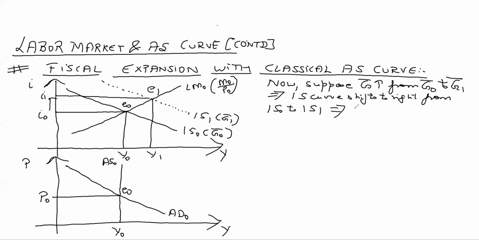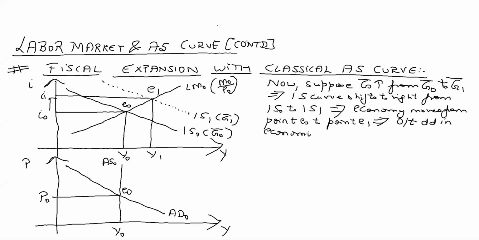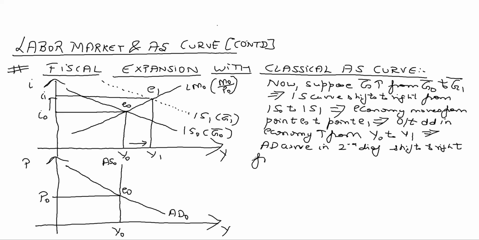So the economy moves from point E0 to point E1, which implies the output demanded in the economy increases from Y0 to Y1, which implies the AD curve in the second diagram shifts to the right from AD0 to AD1.